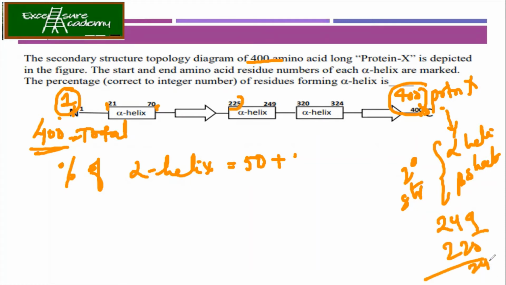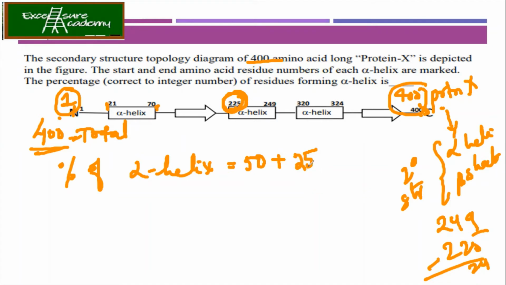But in this case, you need to consider this value also, because this amino acid is also present. Normally in maths, 249 minus 225 means this number is eliminated, but here you need to consider it. So 24 plus 1 is 25. So 25 amino acids.